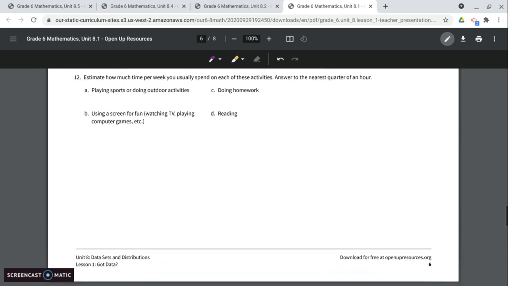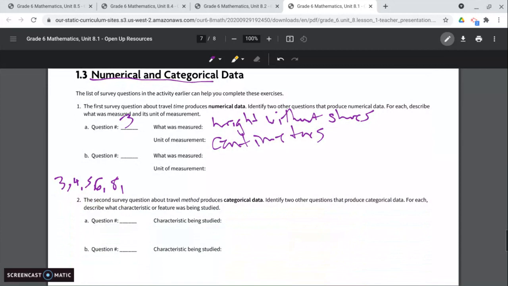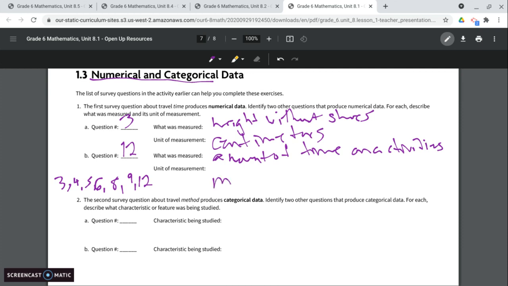So it's looking at time for the activities, which is a numerical amount. So we added 9 and 12 there. For question 12, we're measuring amount of time on activities, and the unit of measure is in minutes.